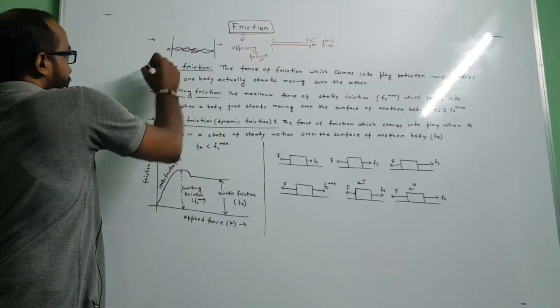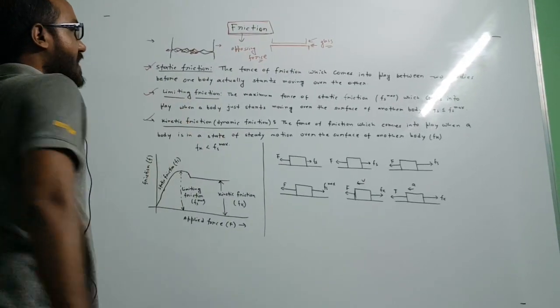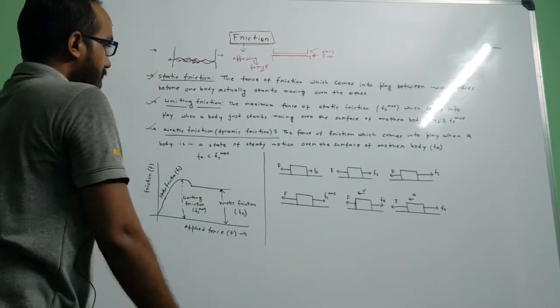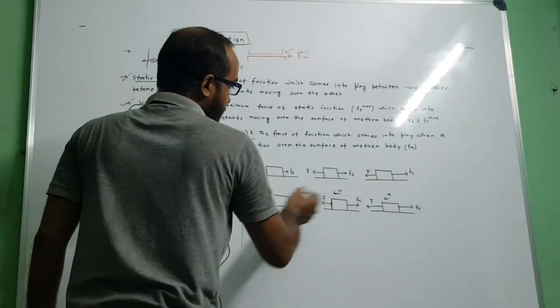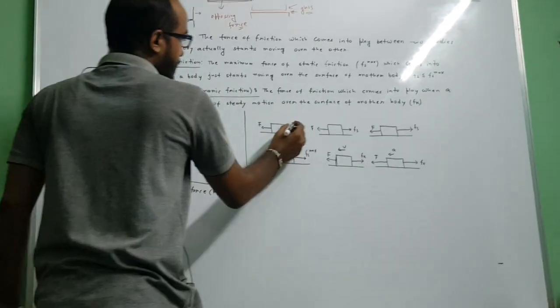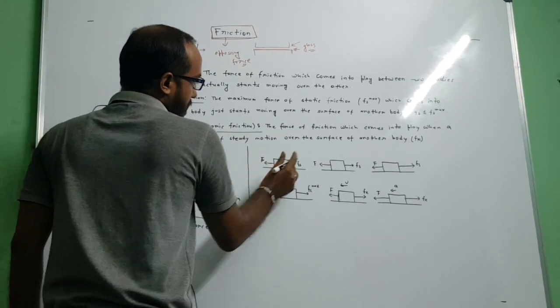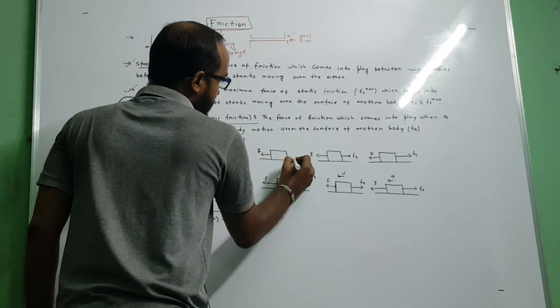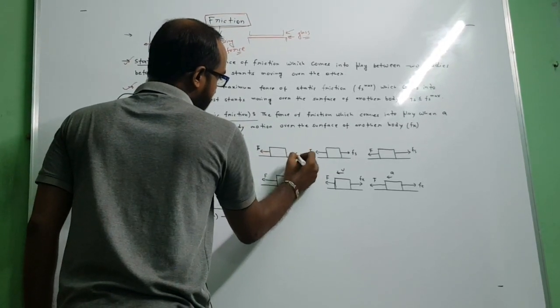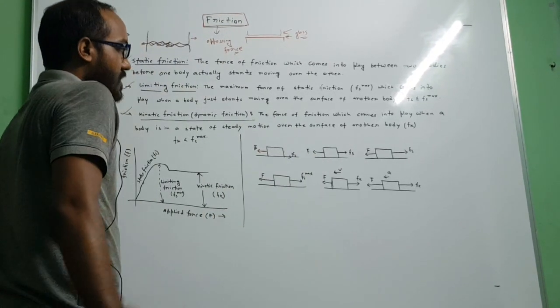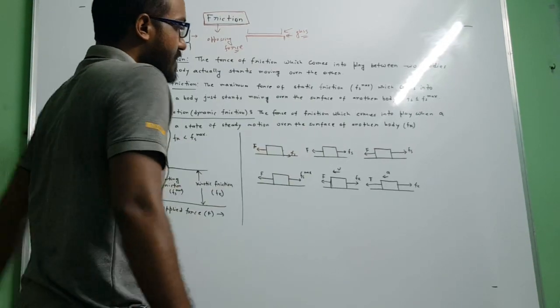Now we have three types of friction: static friction, limiting friction, and kinetic friction or dynamic friction. If you look closely at these 6 diagrams, you will understand that we have applied a force F in the left hand side, so our friction Fs is in the opposite side.